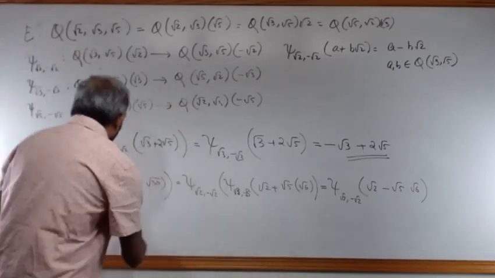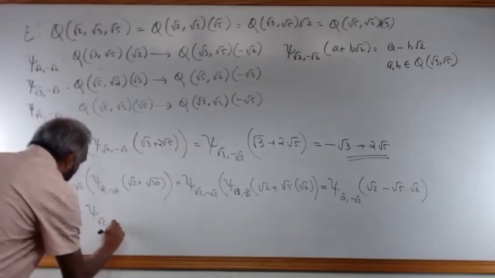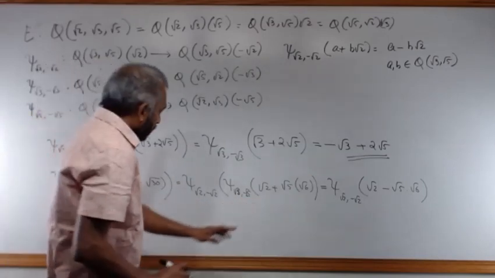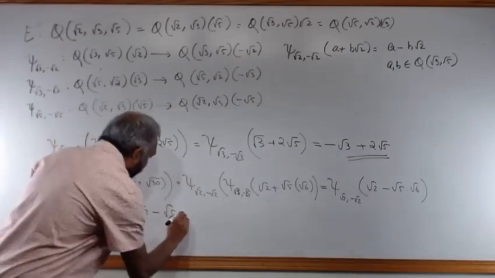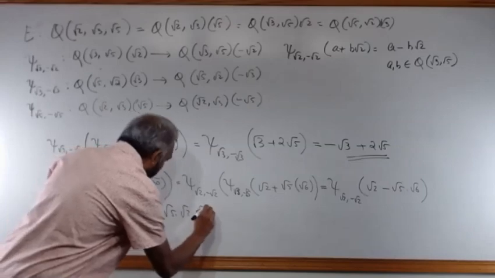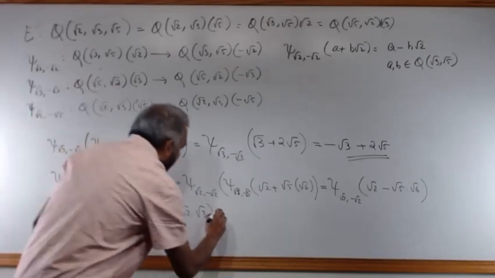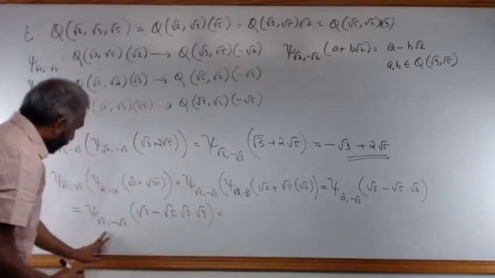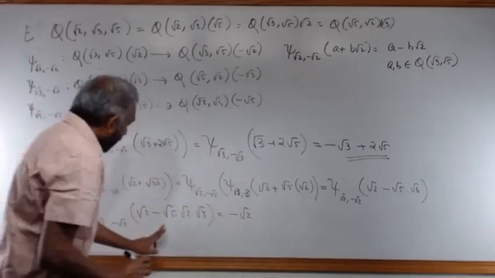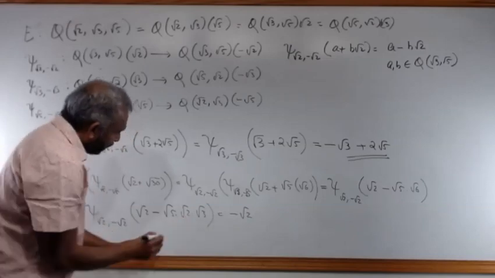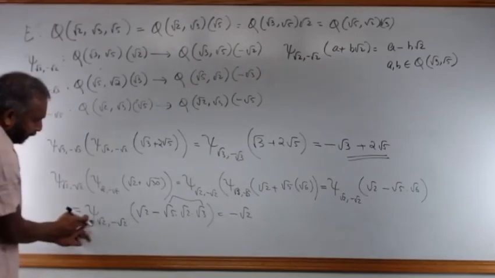Now this is equal to psi of root 2 comma minus root 2. I'm going to write it as root 2 minus root 5 times root 2 times root 3. So what is this? The image of root 2 is minus root 2, and these two elements are constant for this isomorphism.